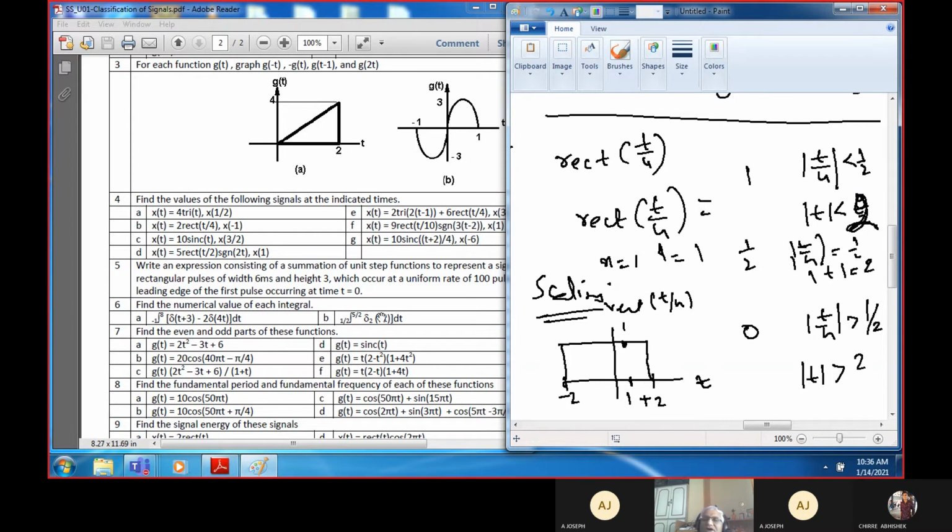And what is the answer we want? We want 2 RECT t by 4. So 2 times you have to multiply. Did I say 1 or -1? It has to be -1. So even for -1, it is equal to 1. So here we have to calculate at t this whole function equal to 1. So that is t by 4 equal to 1. So when you take t by 4 equal to 1, this whole thing is becoming -1.